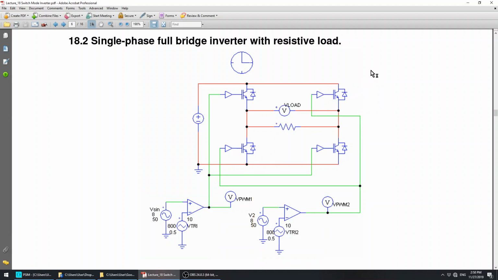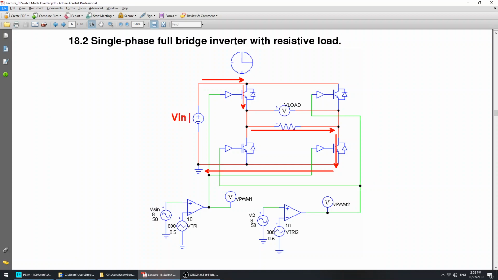The circuit operation is that whenever S1 and S2 are on, the current will flow through S1 and then go to the load R, and then flow through S2 and finally come back to the supply voltage. So in that case, this is a short circuit, that also will be a short circuit. So the voltage across the load will equal the input voltage.